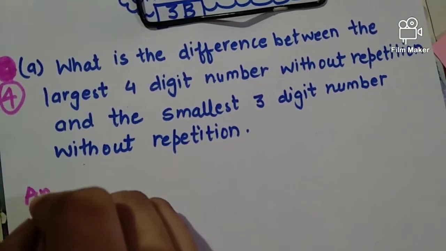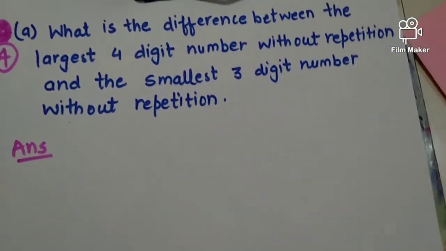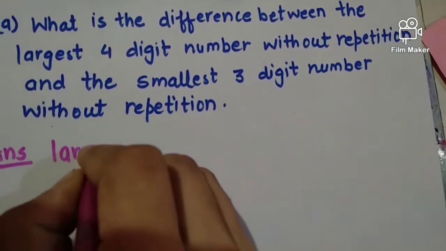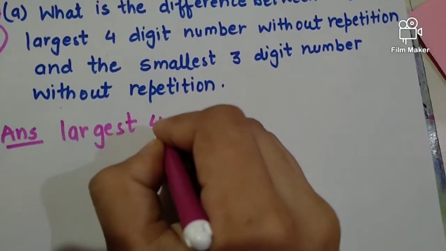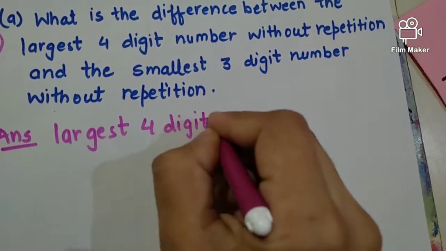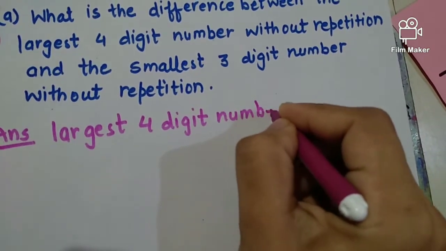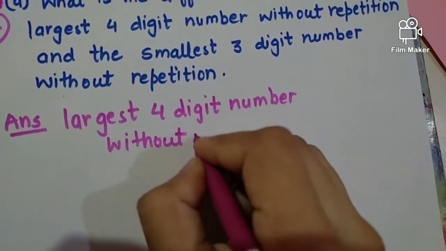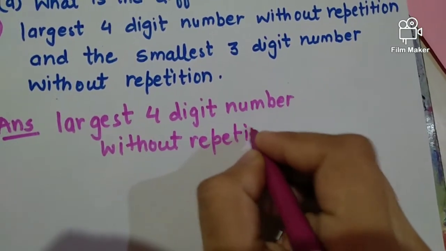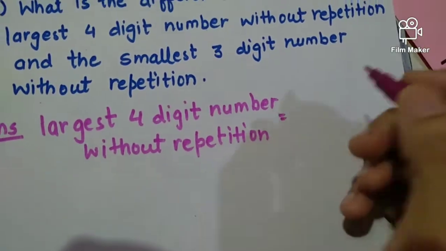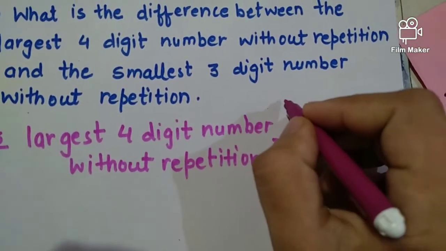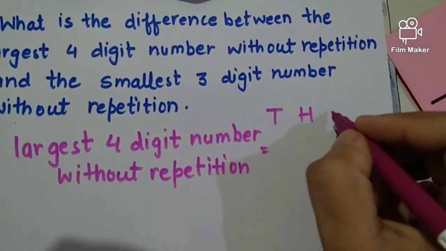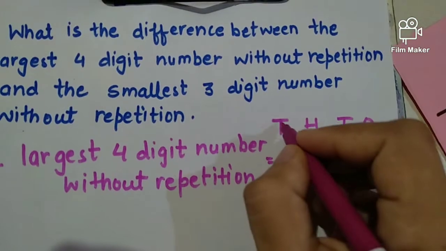Let's start our answer. First of all we have to write down the largest 4-digit number without repetition. Yes. So what is this number? First of all, प्लेस वैल्यू लिखेंगे हम. यहां पर 1000, 100, tens and then ones.